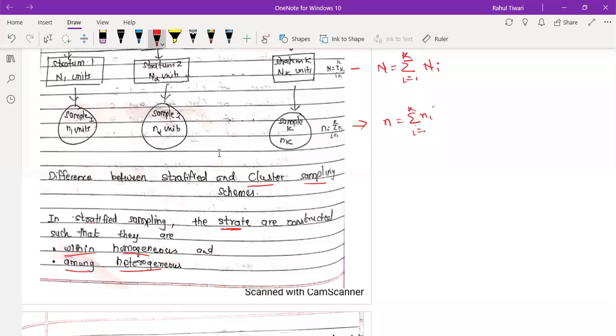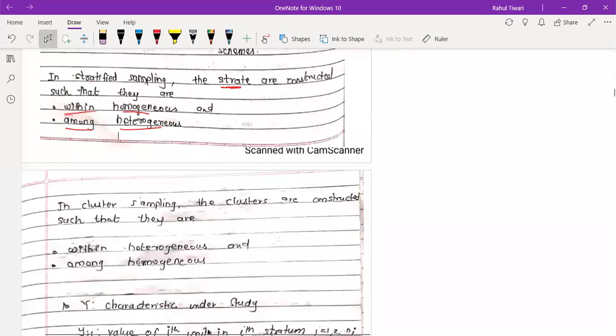But in cluster sampling, instead of strata we call it a cluster; we don't call it strata. Our cluster should be heterogeneous within and homogeneous among. So this is the difference between this and this. It is just the opposite. In strata, all populations in one stratum are of the same type. But what happens in cluster sampling?